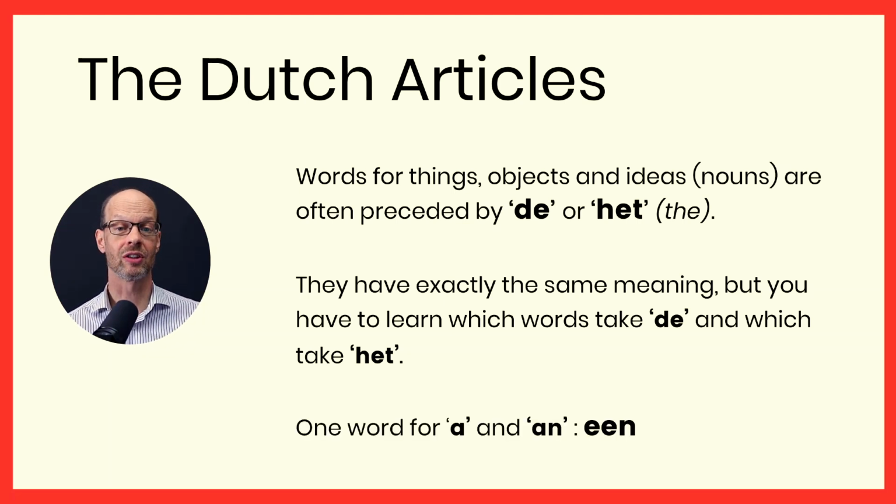Then the last article is the article een. So in English you have a or an. So in Dutch you have just one version for that, and that is een. Okay? So we have de and het, that is the, and we have een, and that is a. And you have to learn de and het by heart.